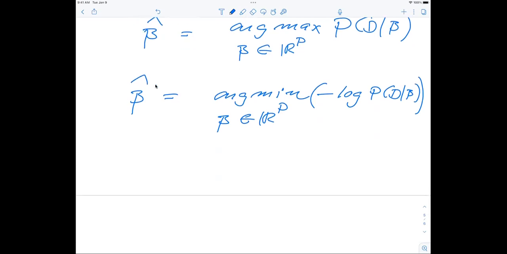So if we do that, what we need to optimize is to define this cost function. And this has a name in the literature, it is called the cross entropy.